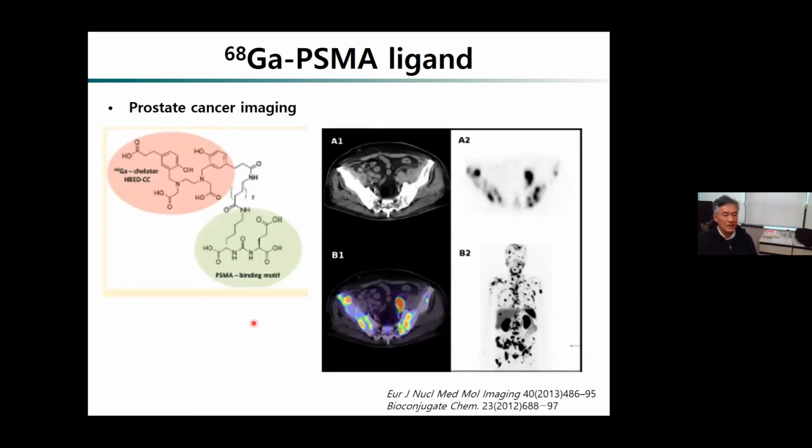And another typical example of gallium labeled PSMA is for prostate cancer imaging. This is the firstly developed gallium PSMA ligand from the Heidelberg group. That name is PSMA-11, already listed in the European Pharmacopoeia, and you can see the highly concentrated image in the tumor metastasis from the PSMA positive patient.